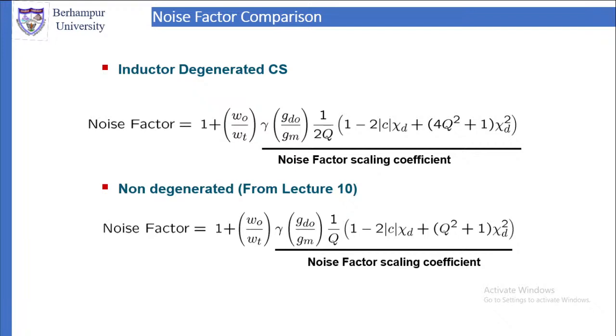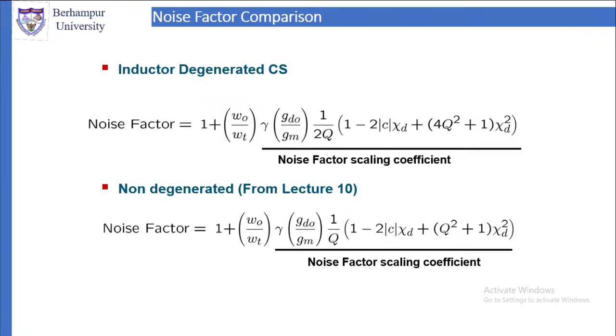Then compare the noise factors of the inductor degenerated common source configuration and the non-degenerated one. If you compare these two, you will see that the noise factor scaling coefficient in the case of the inductor degenerated CS is half of that of the non-degenerated one. Only that is the difference.